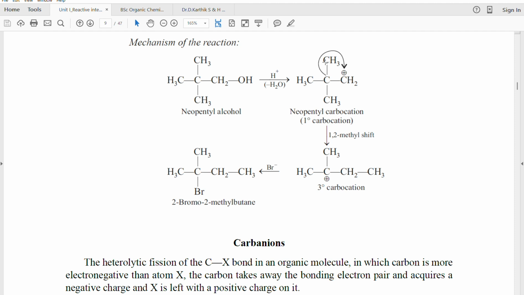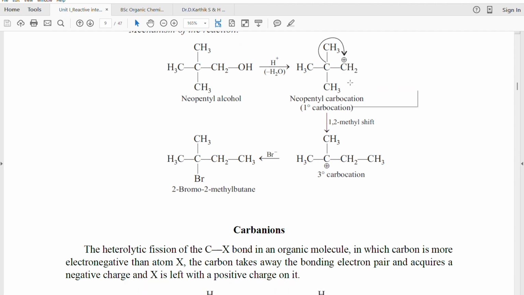Here all the CH3 groups are the same. So among these three CH3 groups, any CH3 group can shift to the primary carbocation. That shift we call a 1,2 methyl shift. Why do we call it a 1,2 shift? One group present on carbon number 1 shifts to the second carbon, the next carbon.